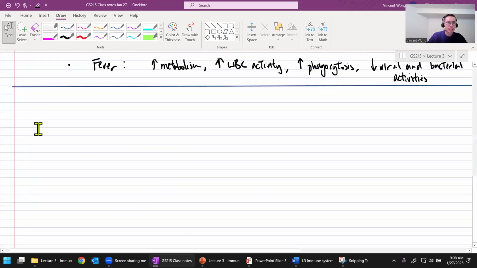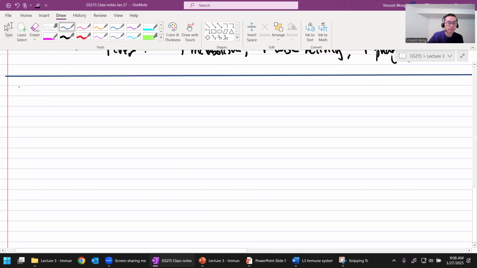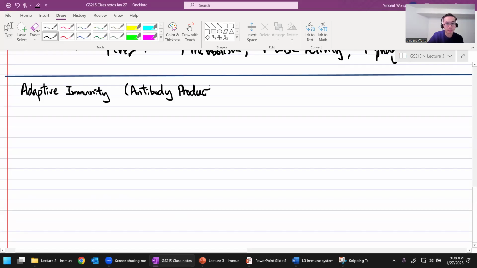Okay, so this is called adaptive immunity. Specifically, we're going to do antibody production.